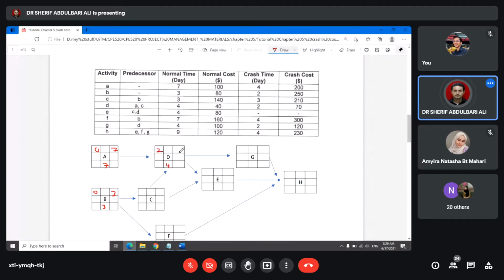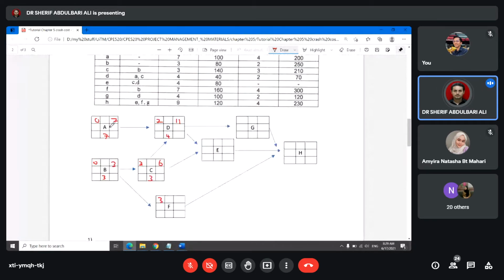It's 11 here. Activity C is 3 days. So this is 3, so it's going to be here 6. Here is 3. Activity F is 7 days. So it's 10.